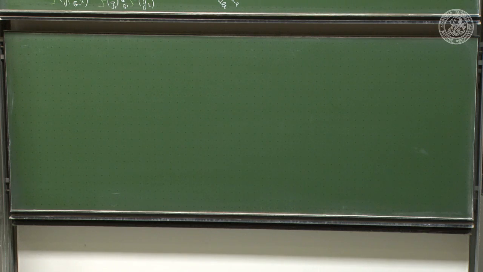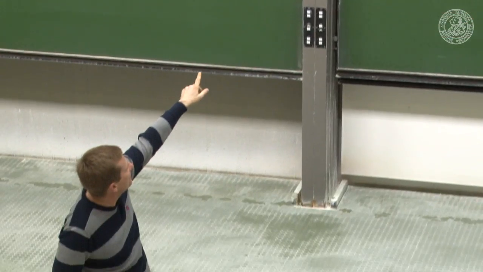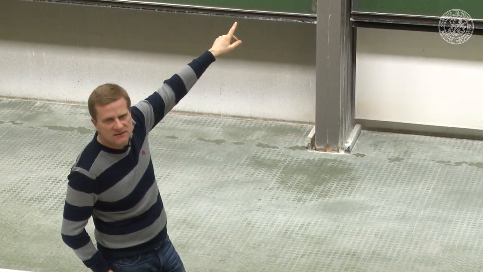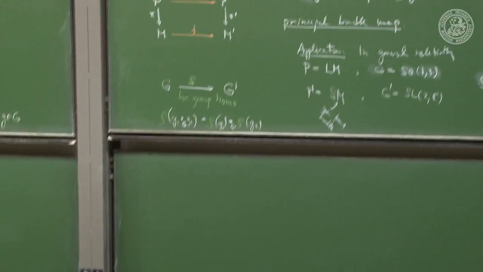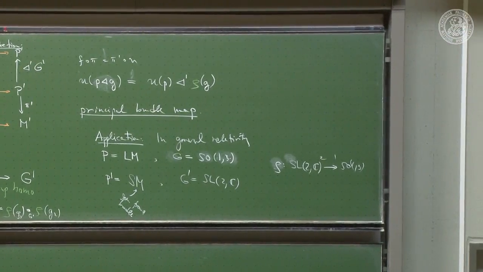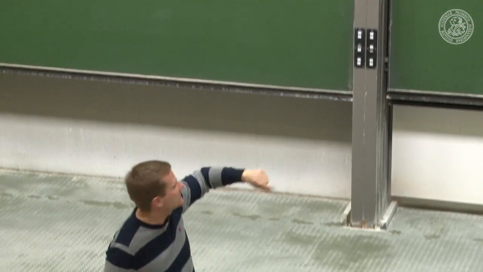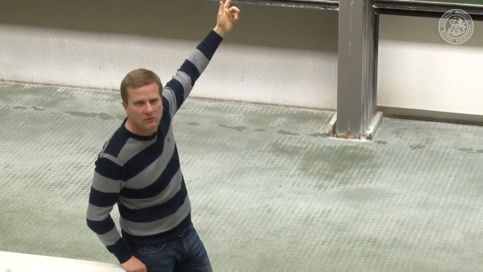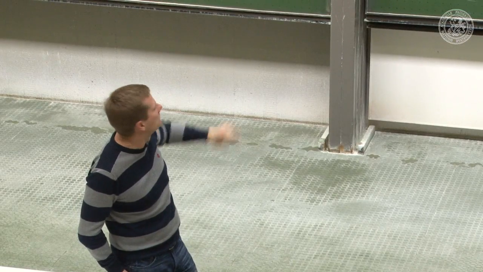Okay, but there is no way to say, well, once you have the U and you know all the other stuff, what is the rho that does this? Because there might be several different rhos that make the whole thing into a principal bundle map of this type. Because there may be several different ones, that immediately says that you cannot determine the rho from up there. Certainly it restricts the choices of rho.